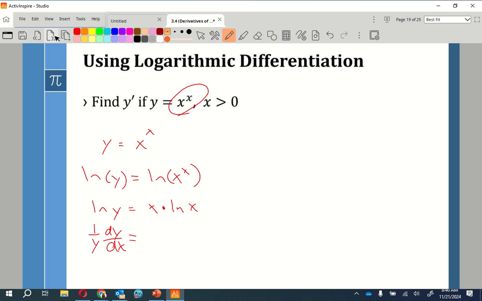I put that dot there to say that that is a product rule. So product rule, let's go ahead and do this. So f prime is going to be 1, right? 1 times ln x. Product rule is a plus sign. X times, what's the derivative of ln x? 1 over x.